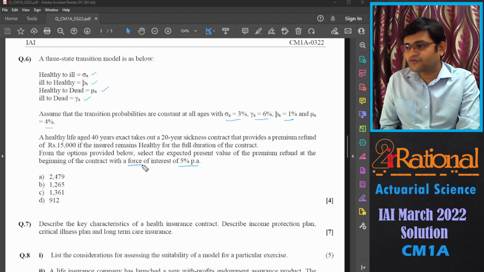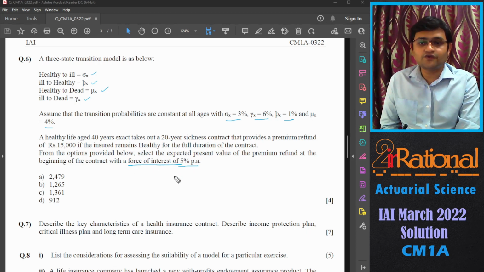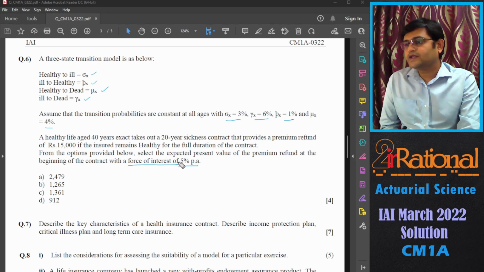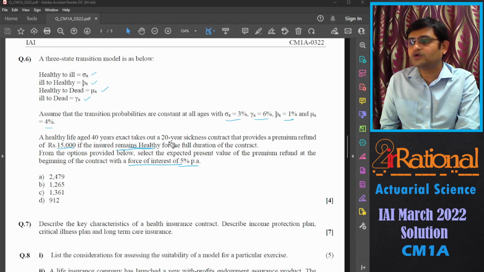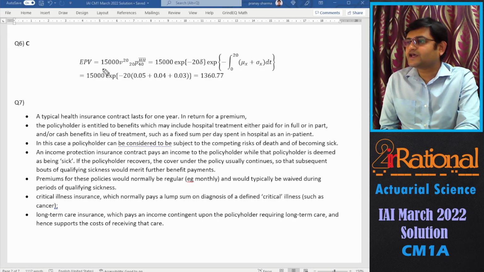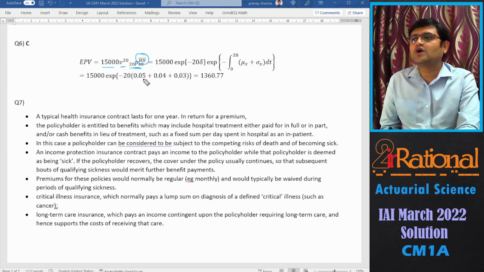Here a few people may make a mistake. It's a force of interest, that means delta is given as 5%. Then this 15,000 is refunded only if the person remains healthy throughout these 20 years of the contract. So we'll say that 15,000 would be paid after 20 years if the person survives, that means stays healthy throughout those 20 years.